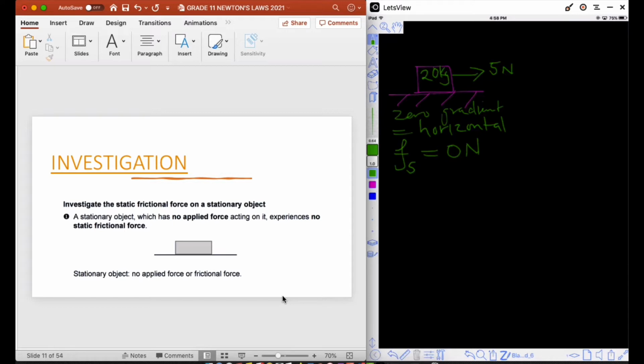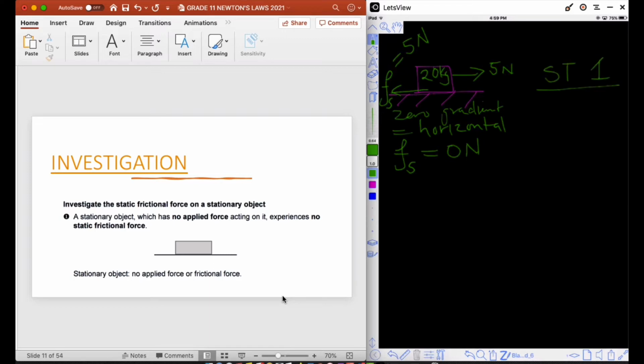We can safely say there is an opposing force in the opposite direction, or to the left in this case, and that force is static frictional force, because as of now the object is not in motion. And we can safely say that that static frictional force is equal to 5 newtons. In grade 10 you learned that if the forces are balanced, like in this case, then if you add the two forces, they are going to give you 0, because since they are vectors, positive 5 plus negative 5 will give you 0, and hence this object is not going to move in either direction. Now, this is step number 1.